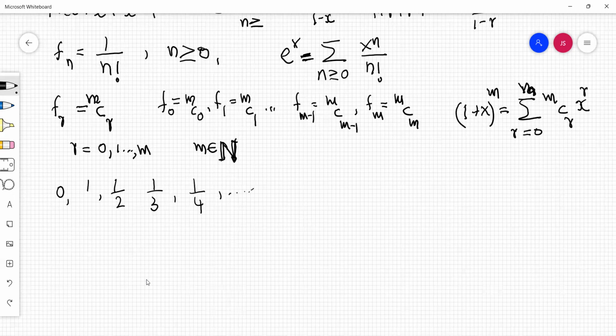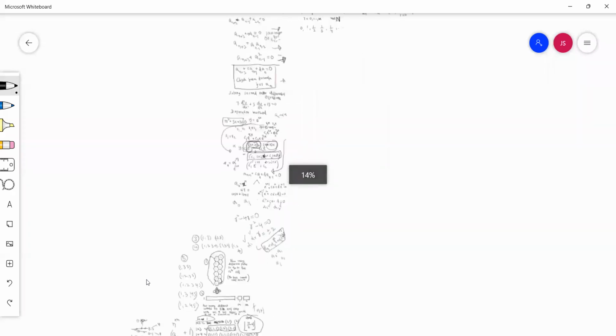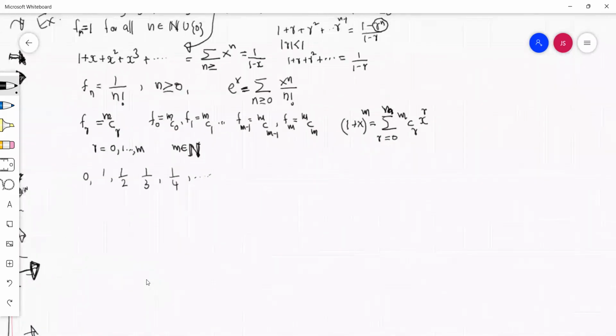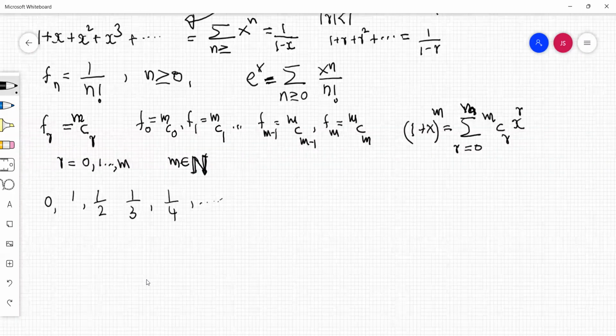So the associated power series is this: the constant term is 0, so x plus x squared over 2 plus x cubed over 3 plus x to the fourth over 4.